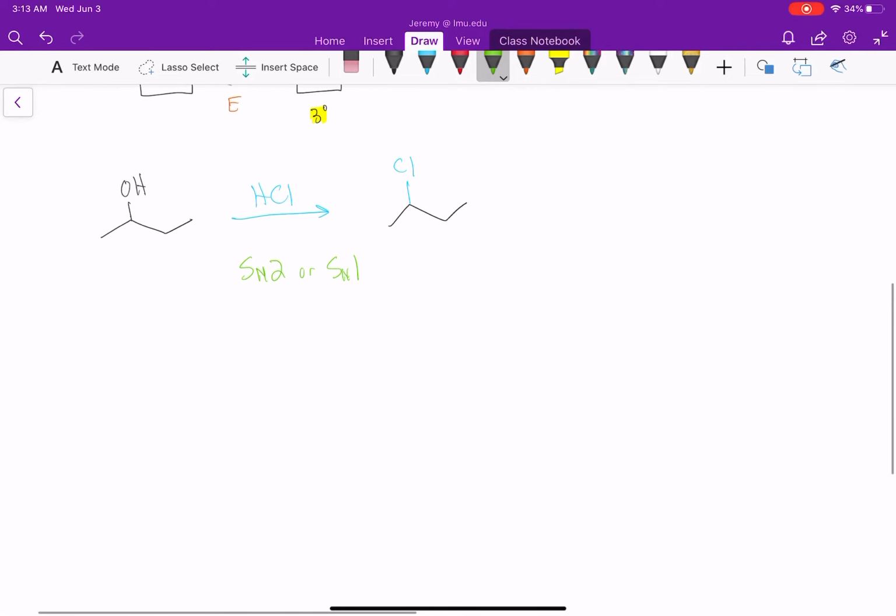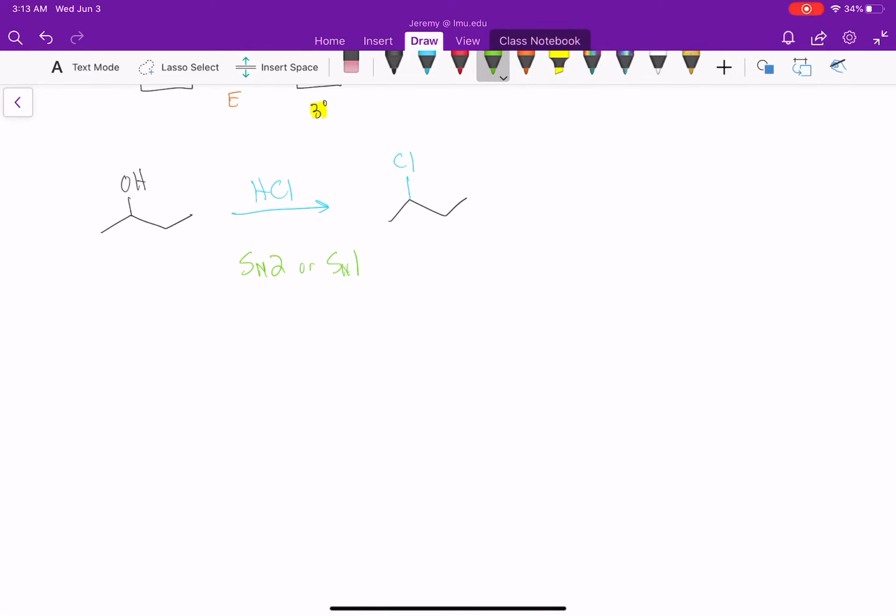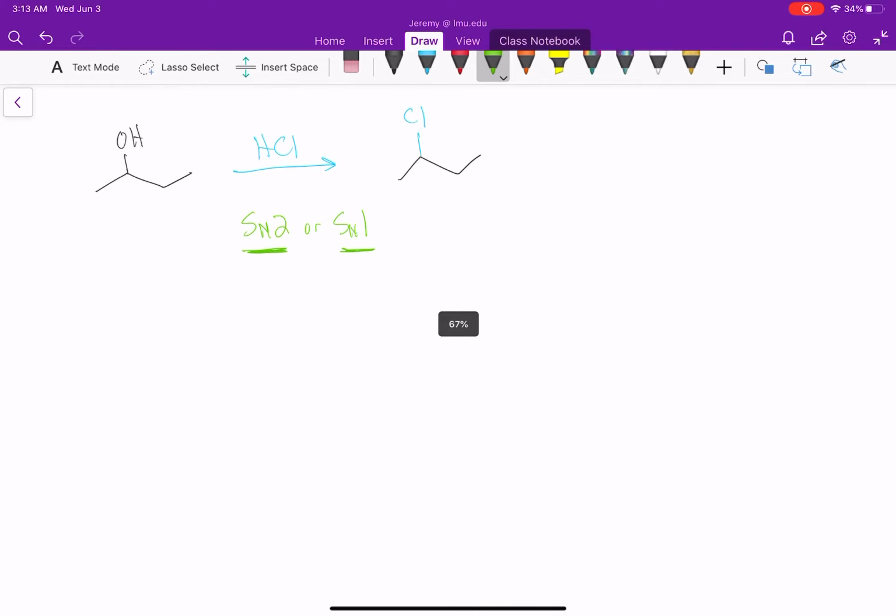And in fact, you're getting the product formed from a little bit of both. You are forming the product via the SN2 and via the SN1, so both mechanisms are occurring at the same time. And I think more likely with the secondary alcohols, the SN2 process probably predominates. So let's just do the mechanism for the SN2 here.